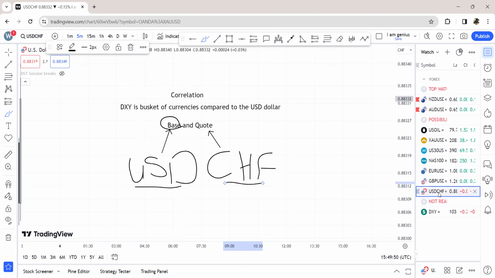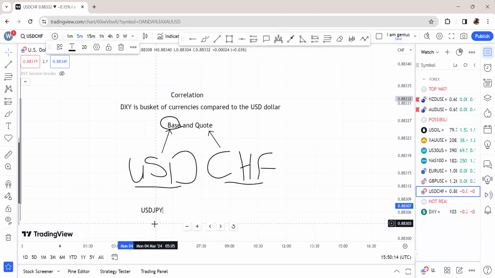Examples would be the same one we have, USD CHF, and another example would be USD JPY.